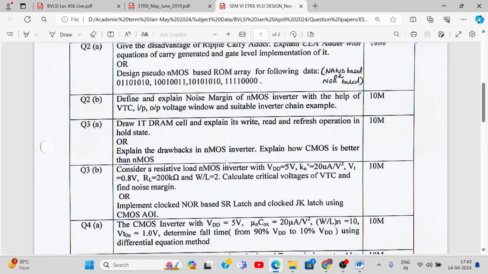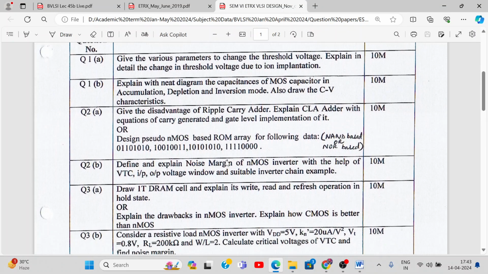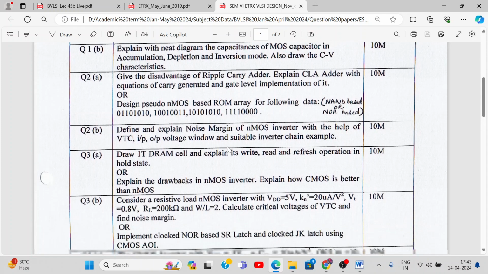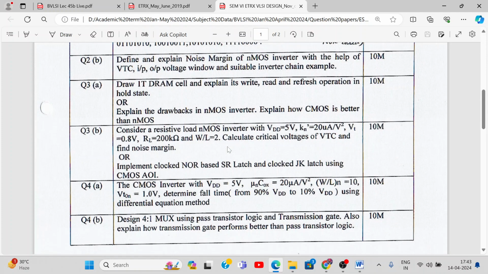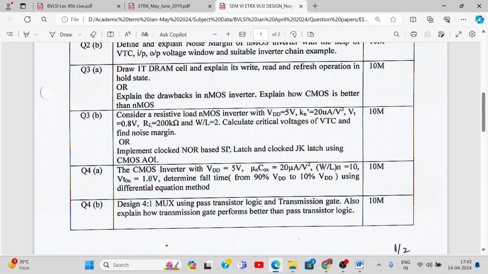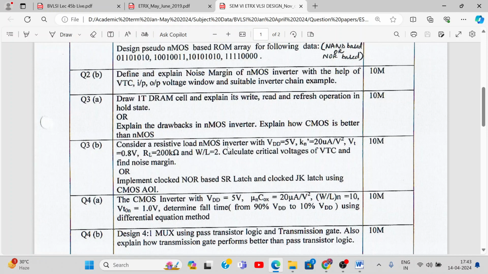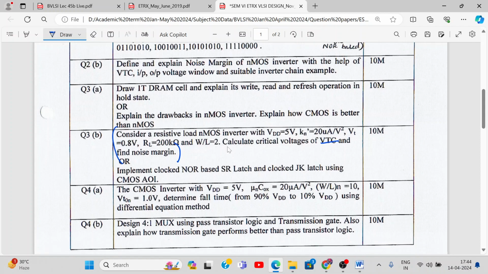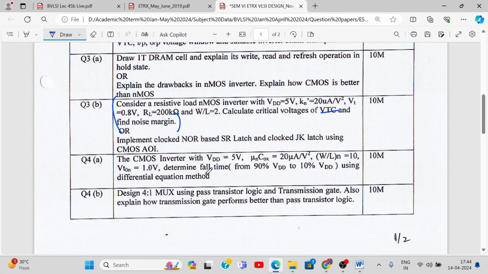Let me see another numerical. Yeah, here they have asked a design for an NMOS inverter. Here you can see a resistive load NMOS inverter. So this also you can do. Determine the fall time.